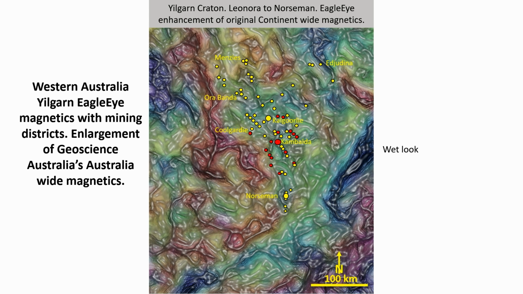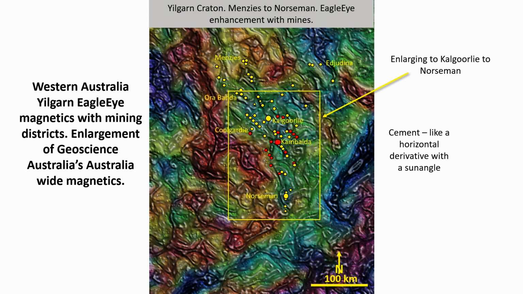So we use a wet look, which highlights the high magnetic areas. And then we use cement, which actually reduces the high magnetic areas and brings out more structure.